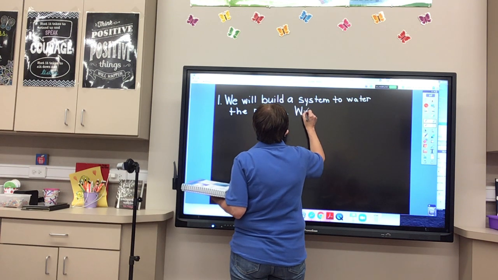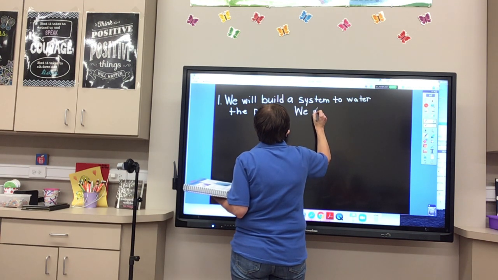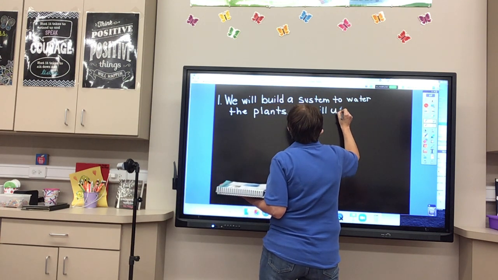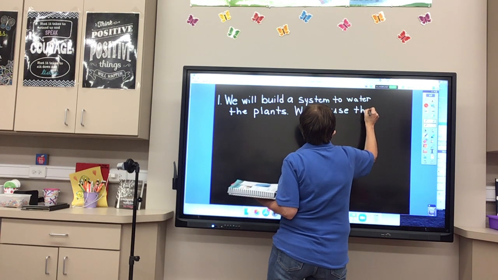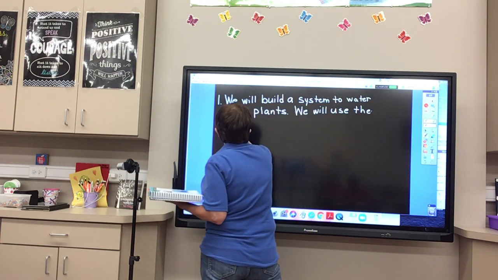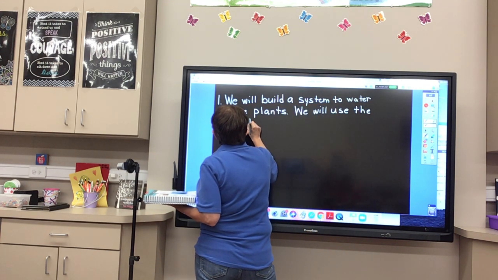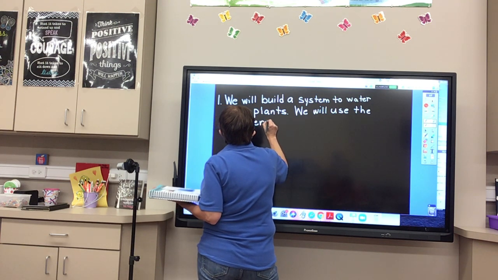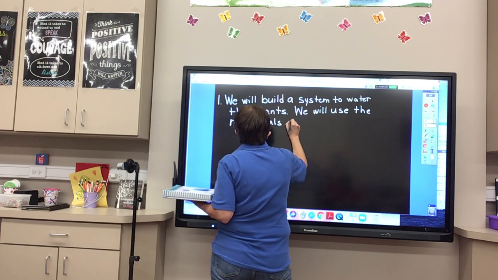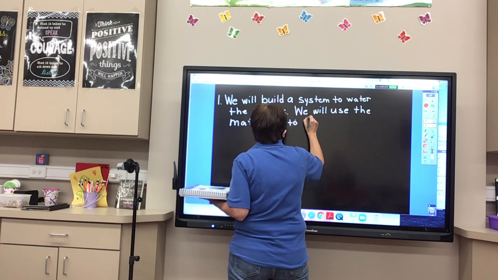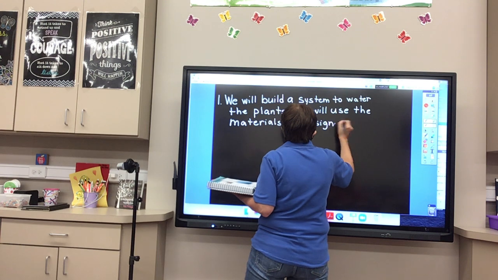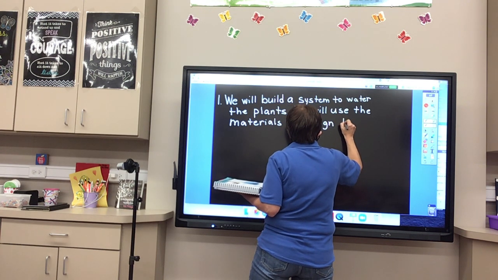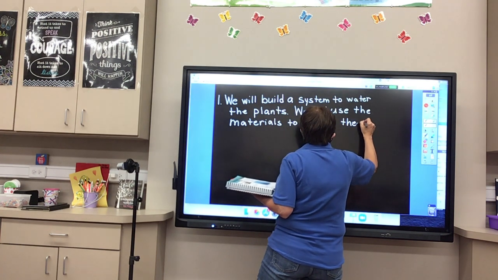So we will use our materials list to, we'll say design, how about that? To design a system to water the plants.